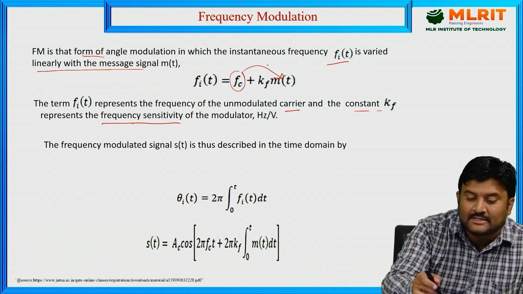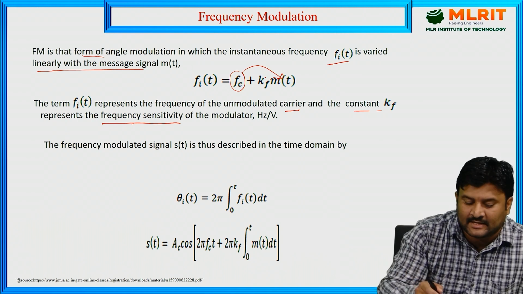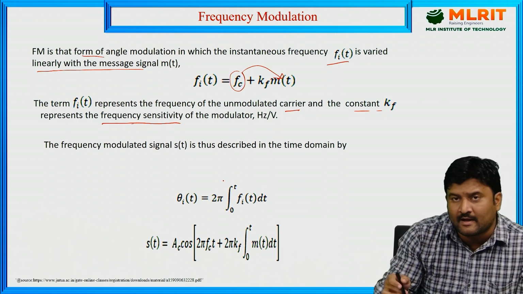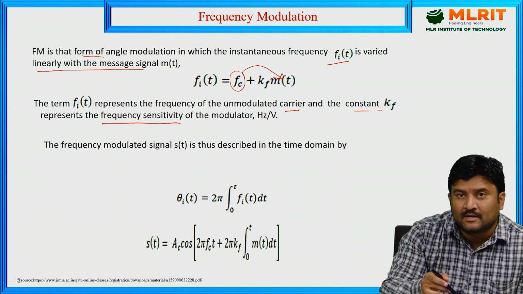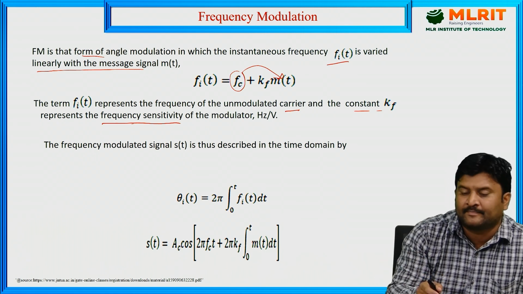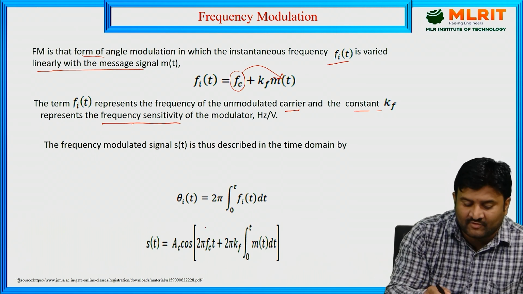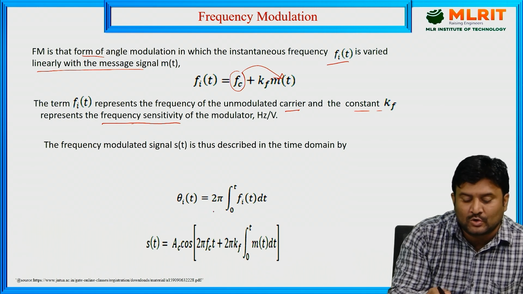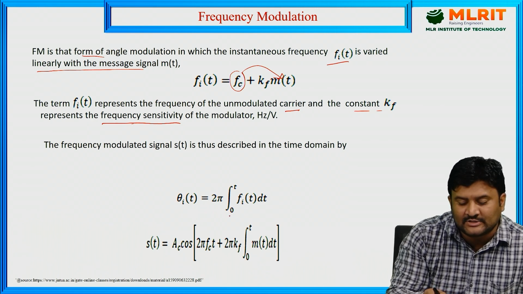That means this should be varying with the message signal. When it reaches the zero position, the angle should be changing, that is also varying linearly. Therefore, theta i of t is equal to 2 pi times the integral 0 to t of fi of t dt.